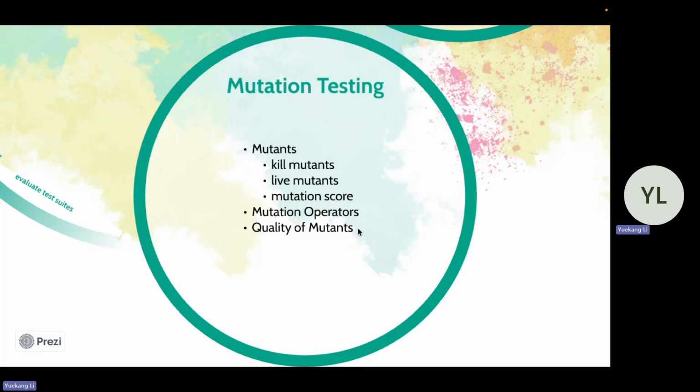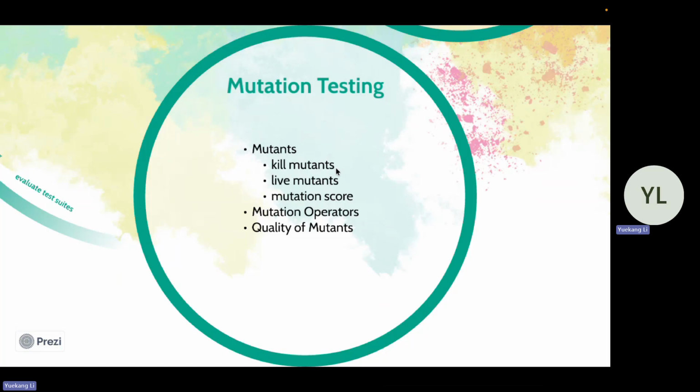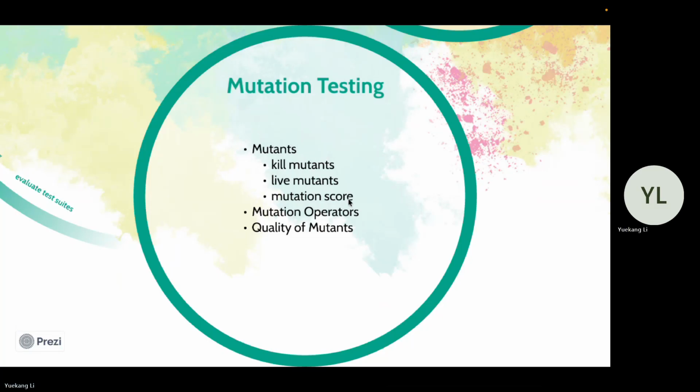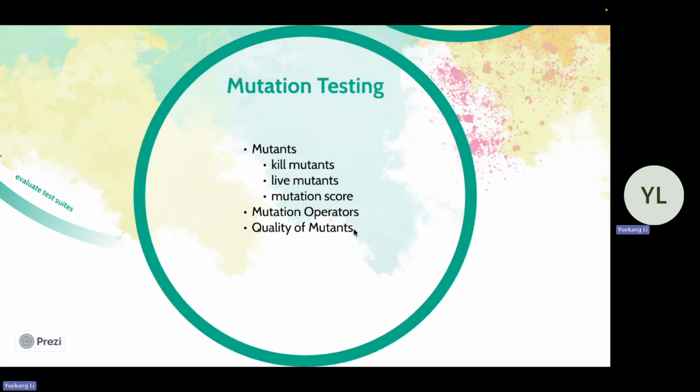And you should also be able to know the concept of killing a mutant, the concept of a live mutant, and how we should calculate the mutation score. And you should also know that we can evaluate the quality of the mutants as well by checking whether they are useful or not, whether they are practical or not.